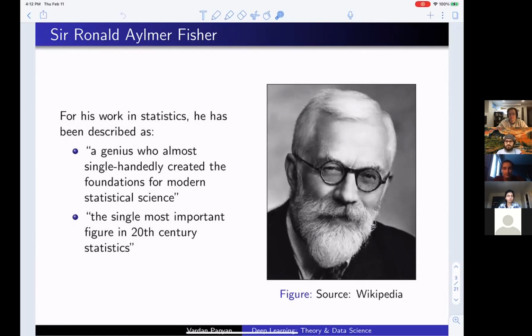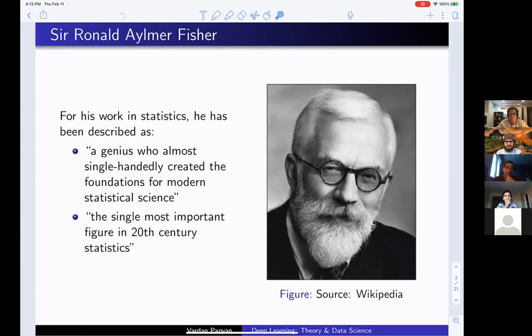So these are quotes from Wikipedia. And they say a genius, so for his work in statistics, he has been described as a genius who almost single-handedly created the foundations for modern statistical science. And he was also called the single most important figure in the 20th century statistics. Important person.